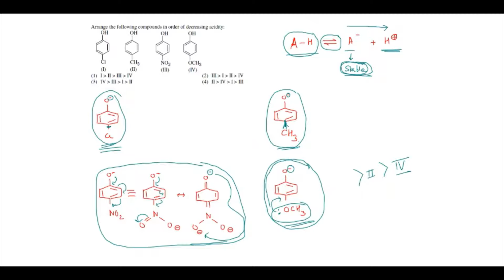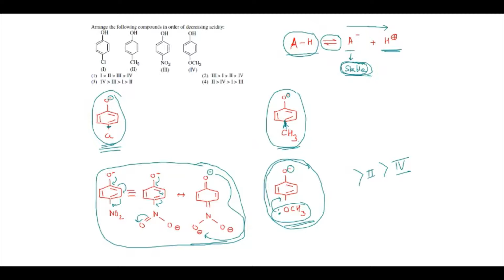It has the chlorine atom which will withdraw some of the electronic charge, although not as effectively as the nitro group, but definitely it is going to decrease the electronic charge density from the oxygen atom.